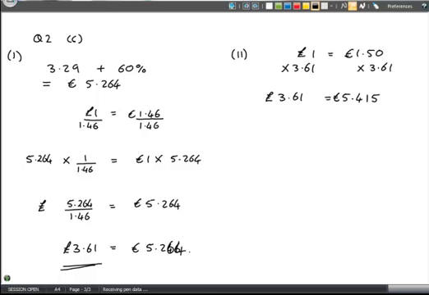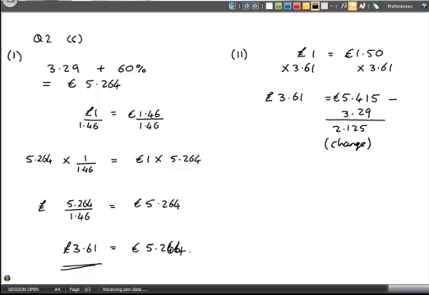Now the merchant buys the tea at 3.29 per kilo. If we want to know what the change is, remember that change will feed into the percentage profit. He adds on his percentage profit to get the new figure, and that's what changes the original figure. So I need to take off 3.29, and that will give me my change, which is 2.125.